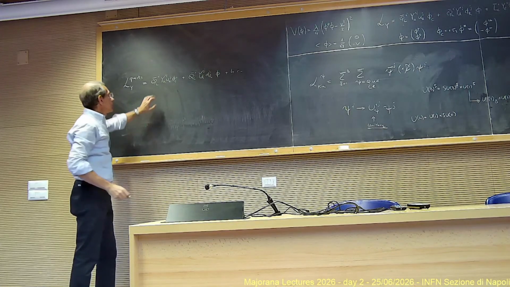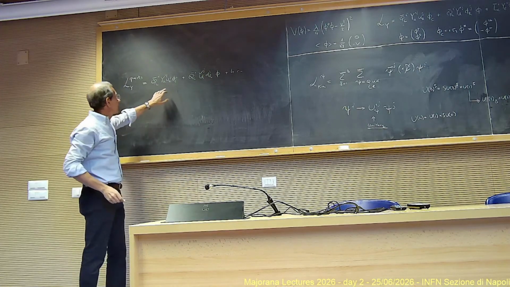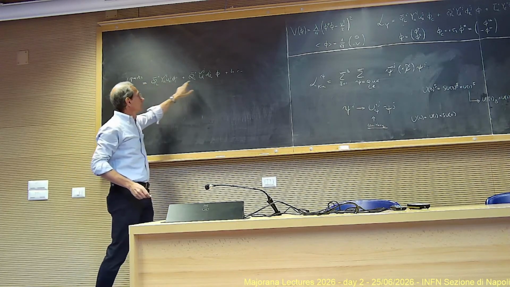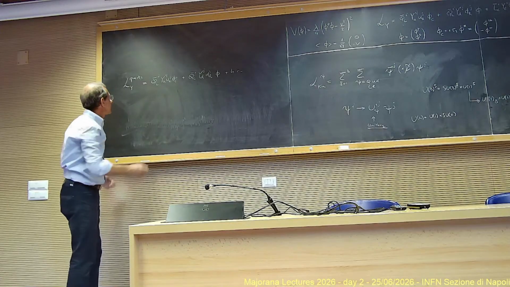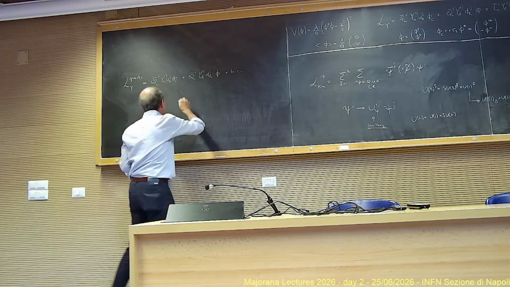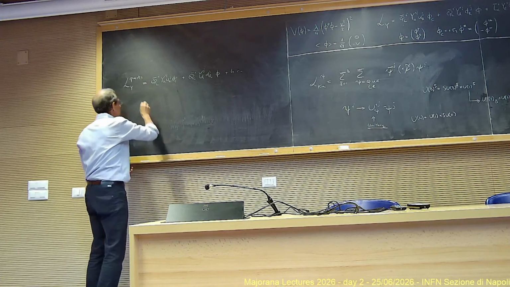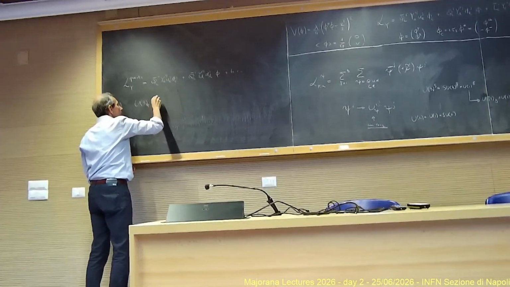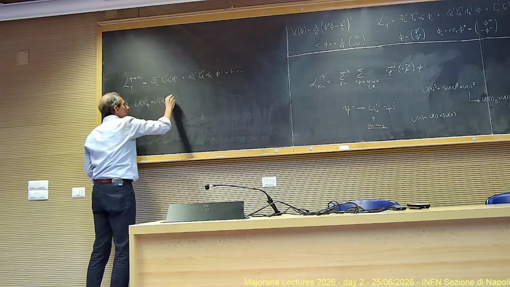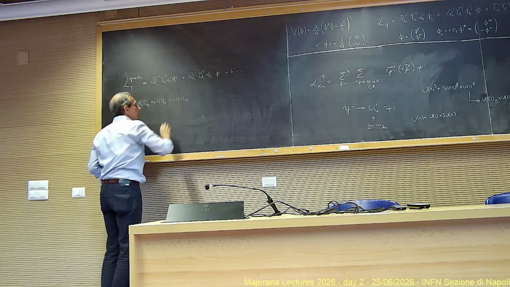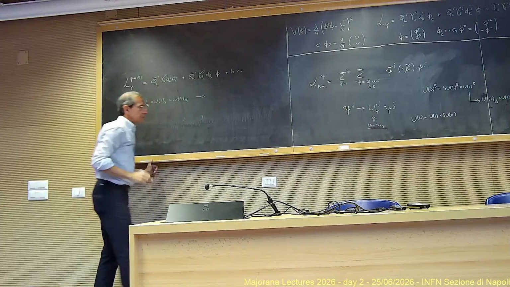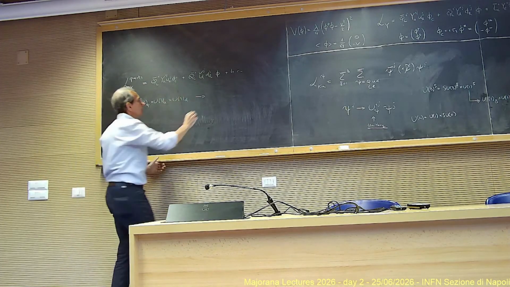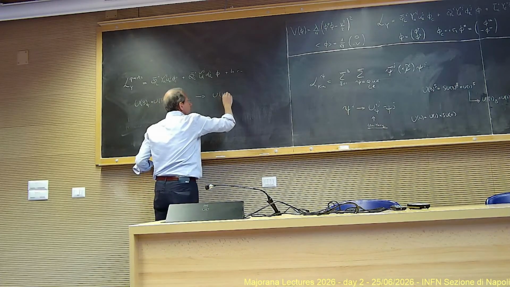It's more interesting because now we have three fields involved, the Q left, U right, and D right, and two Yukawa couplings. So here the starting symmetry is, with three generators, U(3)_Q times U(3)_U times U(3)_D. To make a long story short, the Yukawas break it completely. The only thing that survives is baryon number.